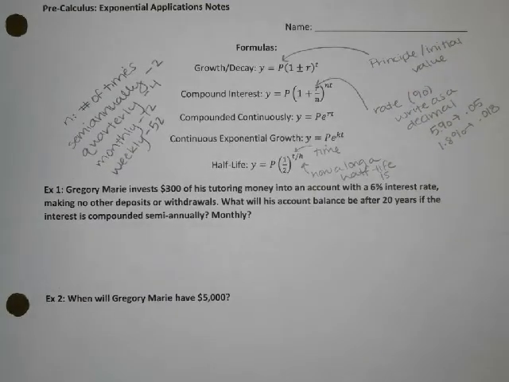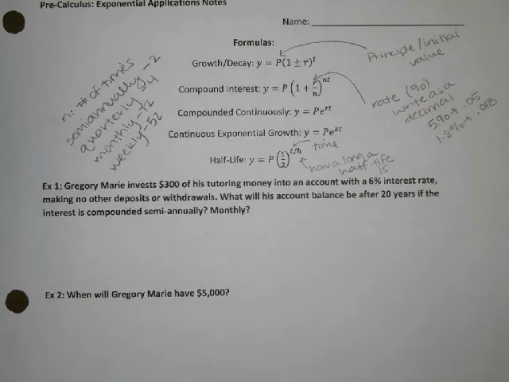So, example number 1. Gregory Marie invests $300 of his tutoring money into an account with a 6% interest rate, making no other deposits or withdrawals. What will his account balance be after 20 years if the interest is compounded semi-annually and monthly?